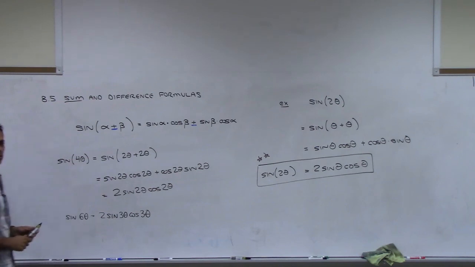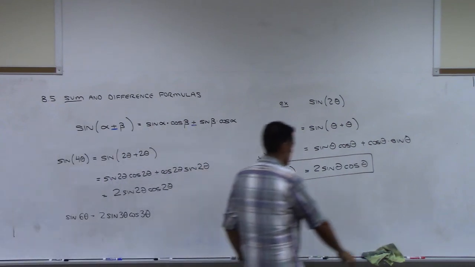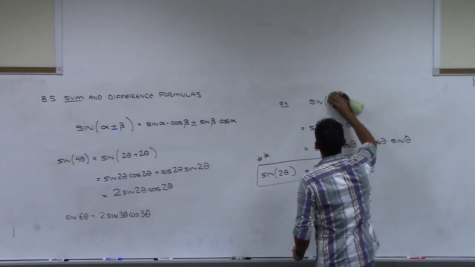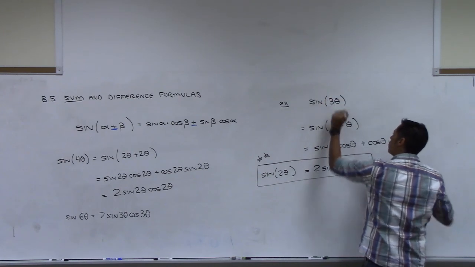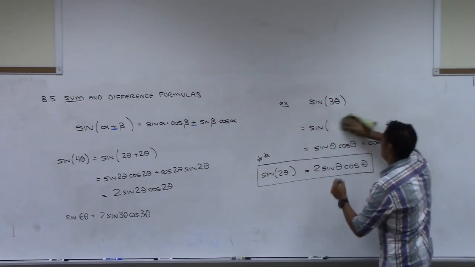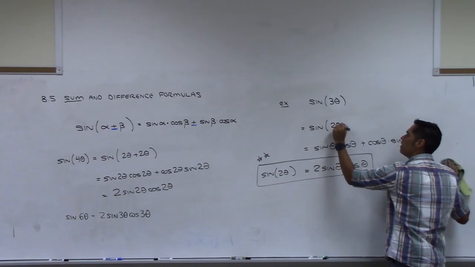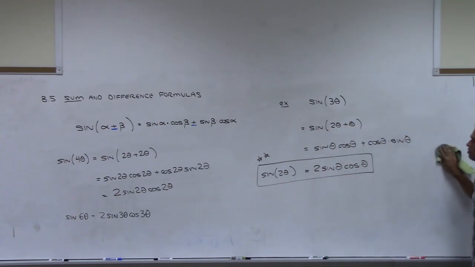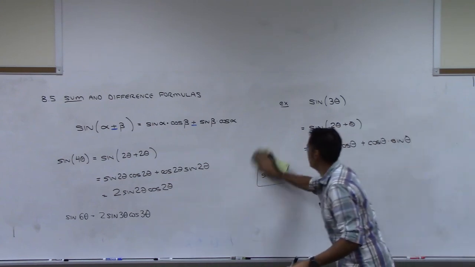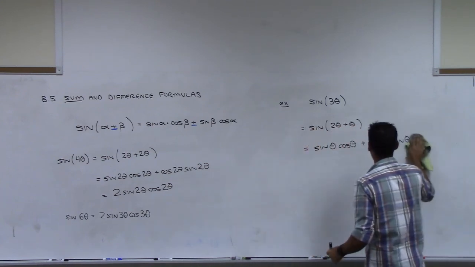Why doesn't sine of 3 theta work? If you try it, for 3 theta, you could do sine of 2 theta plus theta, couldn't you? That's right. But see, how does that change this line? This is the line that gets messed up.